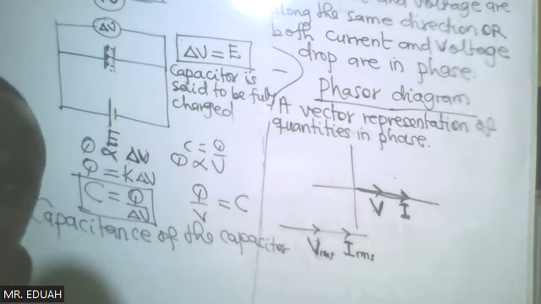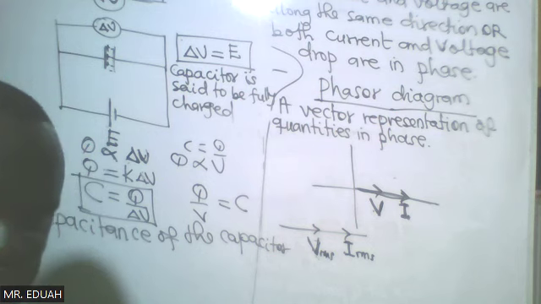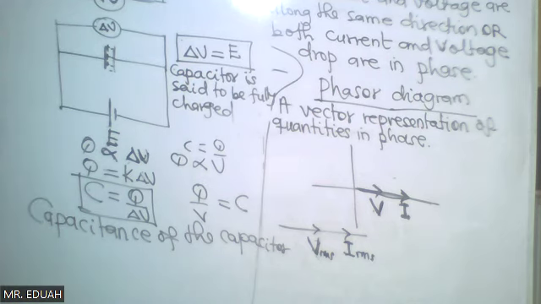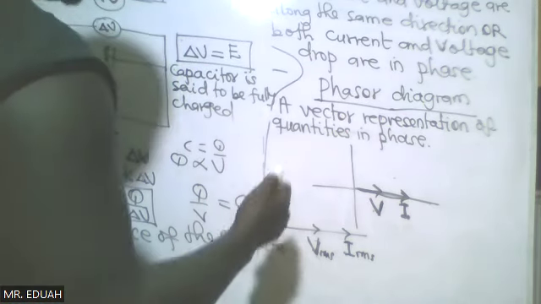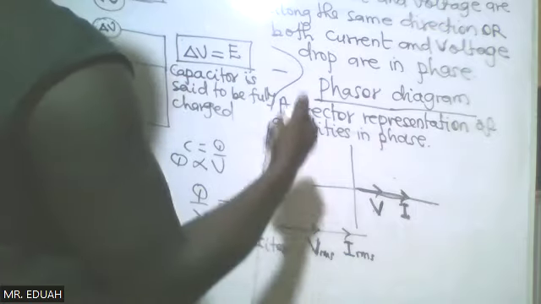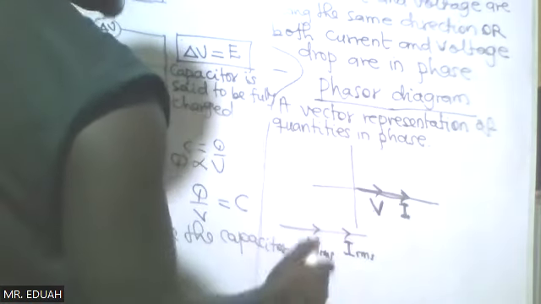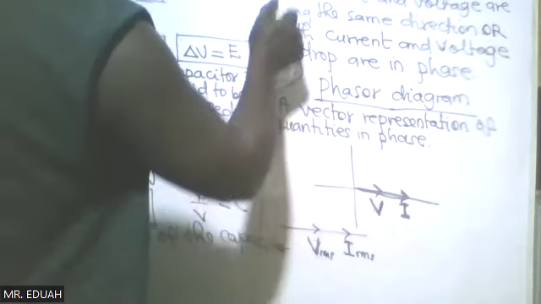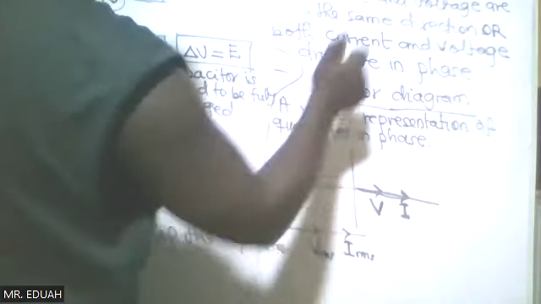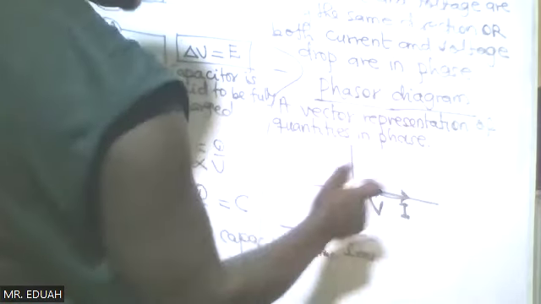Now, a capacitor is charged using a DC source. You cannot use an AC source to charge a capacitor. You can only do so using a direct current source. This is the reason.